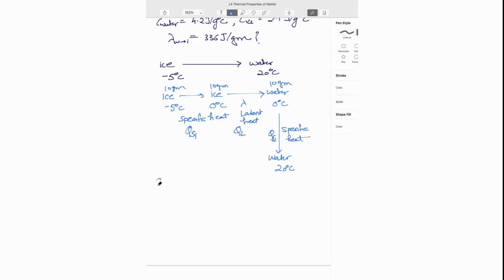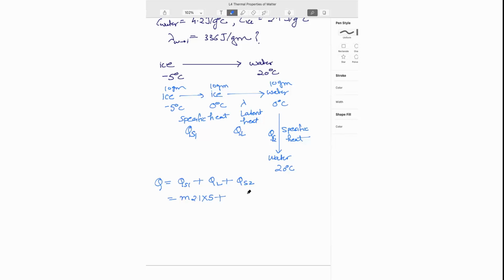So the total heat required to change ice at -5 degrees centigrade to water at 20 degrees centigrade is QS1 plus QL plus QS2. QS1 is M C P, where C is the specific heat of ice, 2.1, into delta T. From -5 to 0, final minus initial is 0 plus 5, so that is into 5.